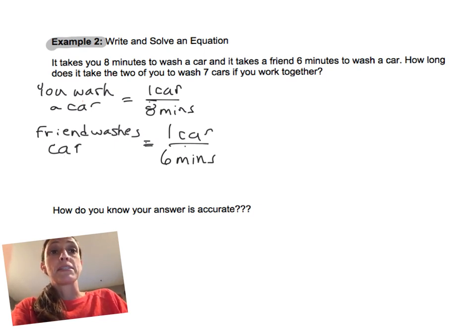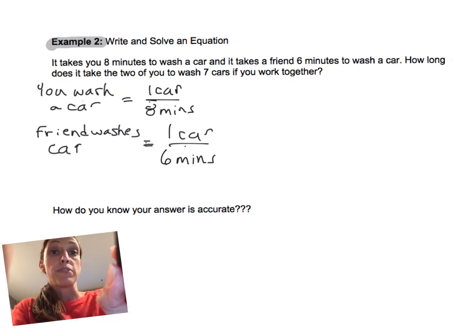So I'm still in the process of listing out all of the things that I know and all of the things that I don't. And the next sentence asks me how long does it take the two of you to wash the cars. So I said, if you don't know what you don't know, look at the question. It's asking us how long.